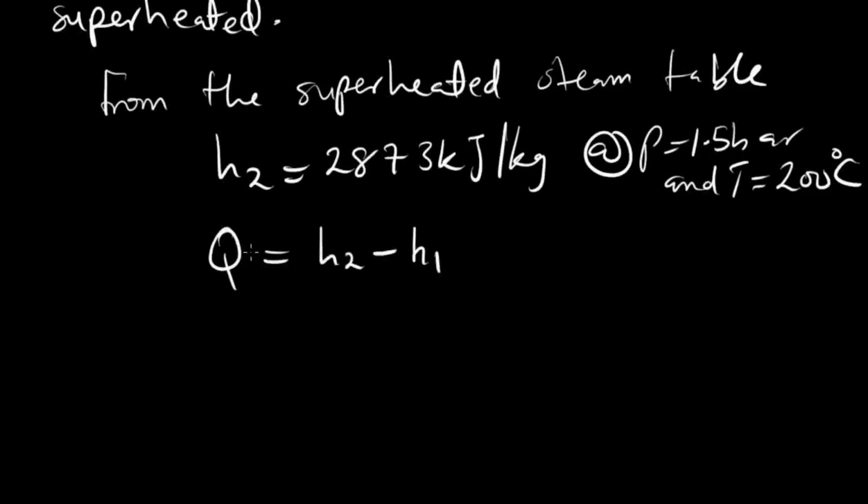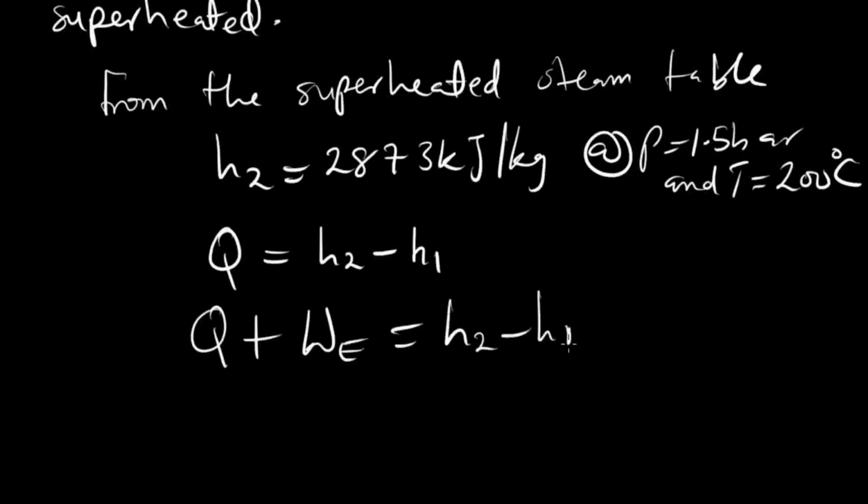But the question said an electrical work was added by passing an electrical current through the resistor. So it means that Q plus the electrical work will give us H2 minus H1. So finally the electrical work is H2 minus H1 minus the heat.